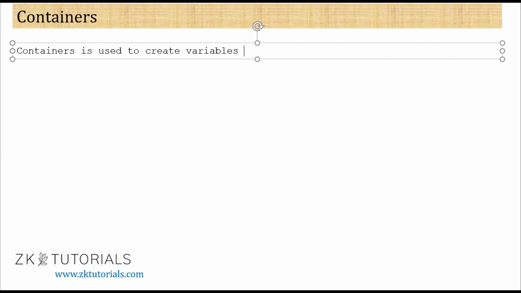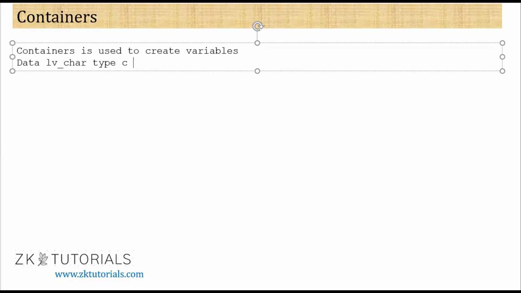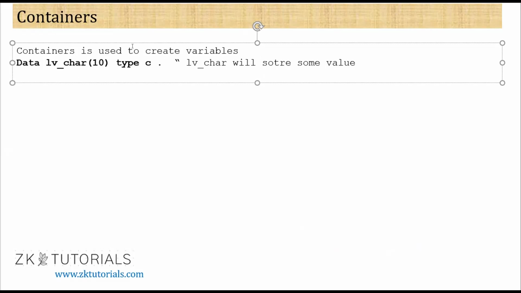Just as we create variables in ABAP programming to store some values, for example, we declare a variable LV_CHAR of type C, and this LV_CHAR will store some value, with some length given. In the same way, a container is used to create the variable, same as in your ABAP programming.